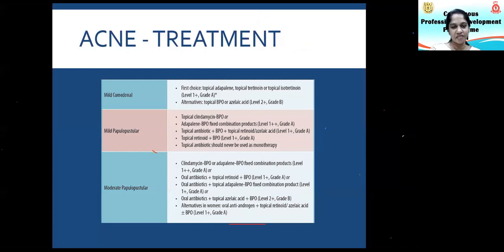If there's a tendency towards hormonal acne, then we have the oral anti-androgens like spironolactone and cyproterone acetate. I have not included severe acne because that is an indication for oral isotretinoin, and because of the teratogenic effect, it can only be prescribed by a dermatologist.